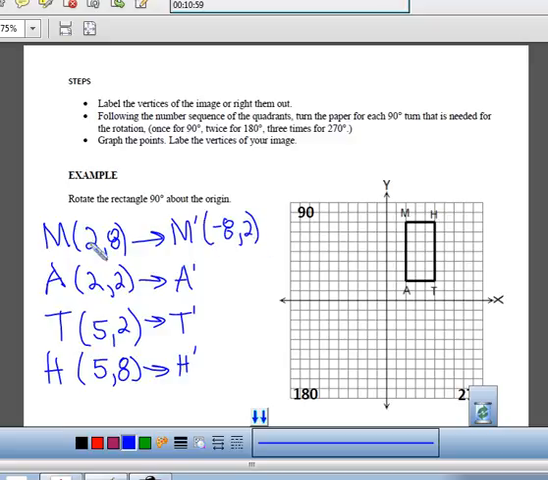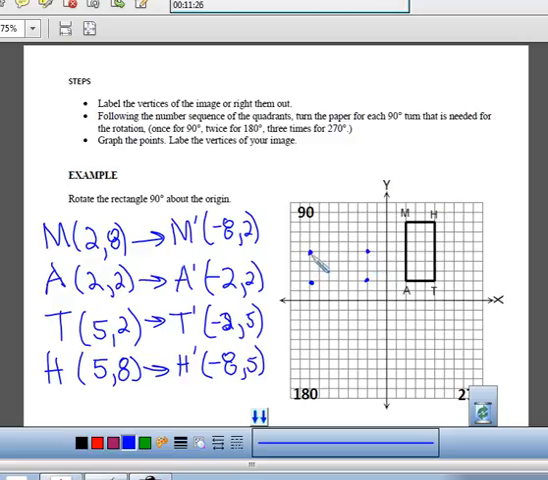Now, if you look at the original point, I think you can see a relationship here. Negative 2, 5, and then negative 8, 5. And then you plot your points. So, negative 8, 2, negative 2, 2, negative 2, 5, and negative 8, 5.